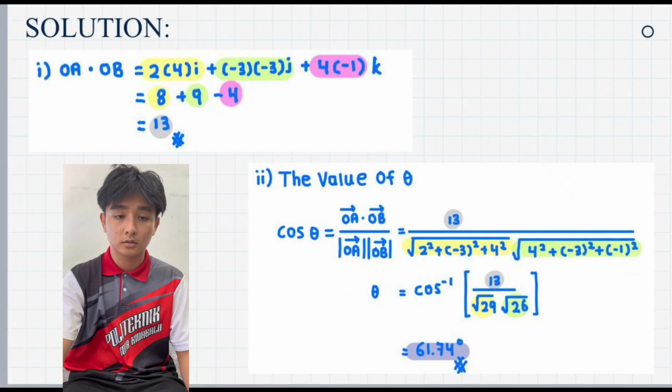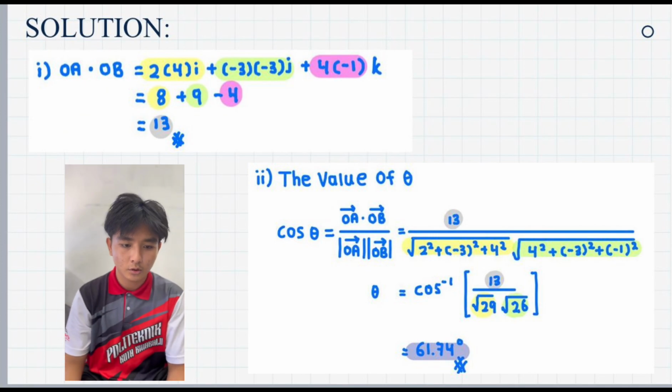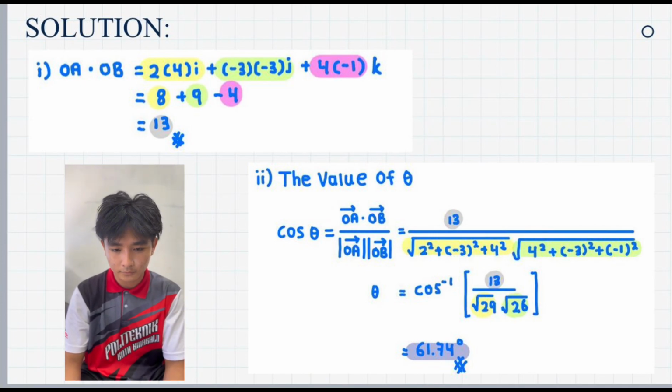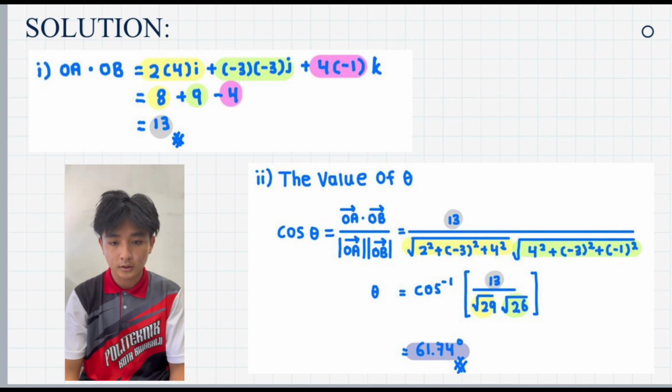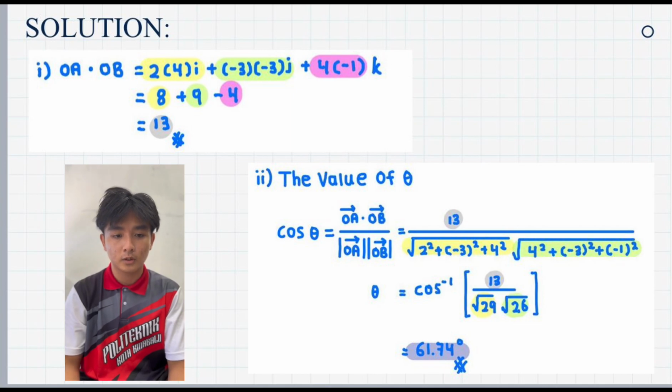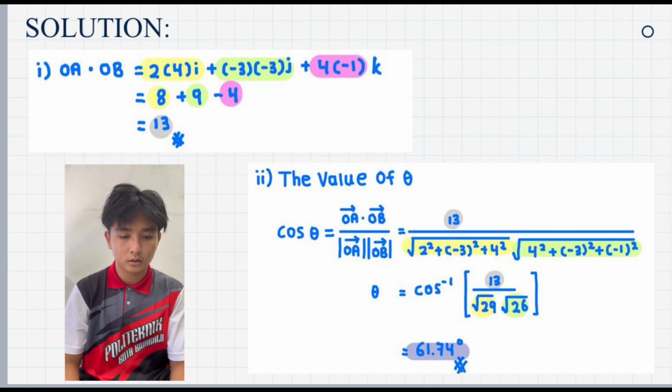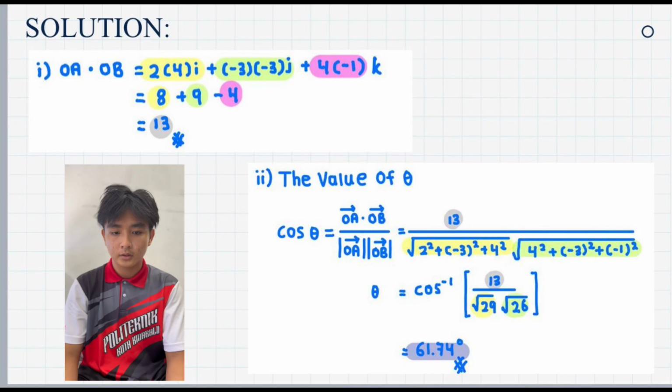So this is the solution for the question. OA dot OB equals 2 times 4 plus negative 3 times negative 3 plus 4 times negative 1. So we got the answer 13.